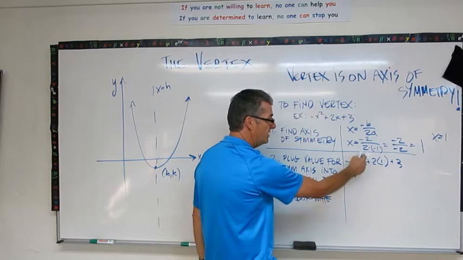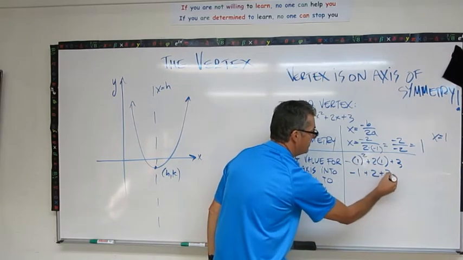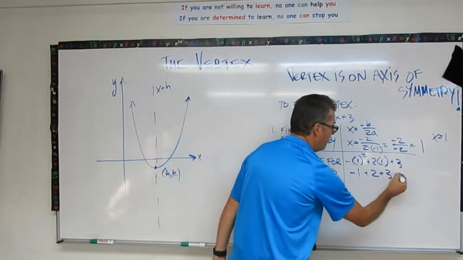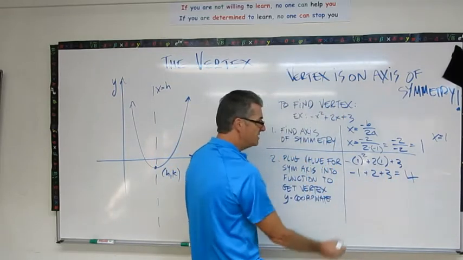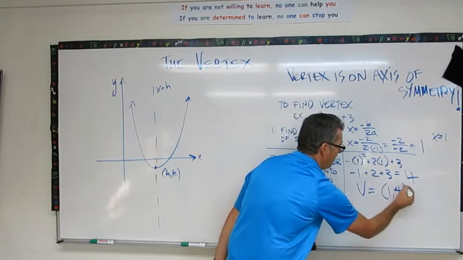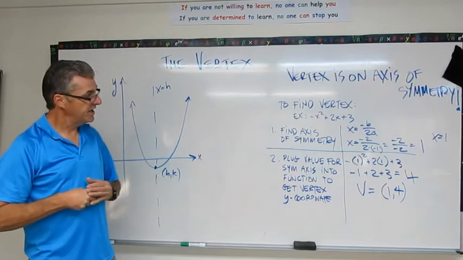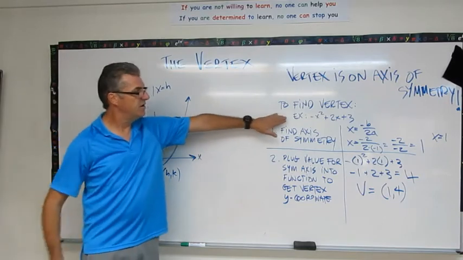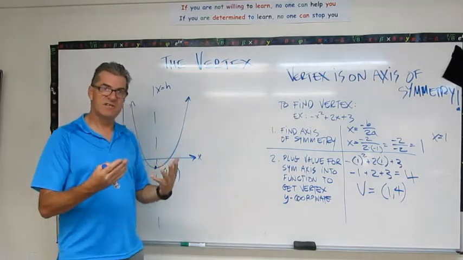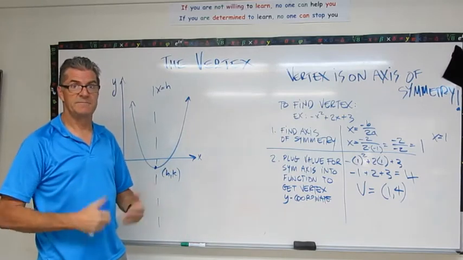So 1 squared is 1, minus 1 plus 2 plus 3. What do we get? That's 4. So our vertex is v equals 1, 4. Okay? So it's pretty straightforward. That's how you find the vertex if you're in a standard form quadratic. Remember, if it's in vertex form, you just pull it right out of the equation. It's staring you in the face.